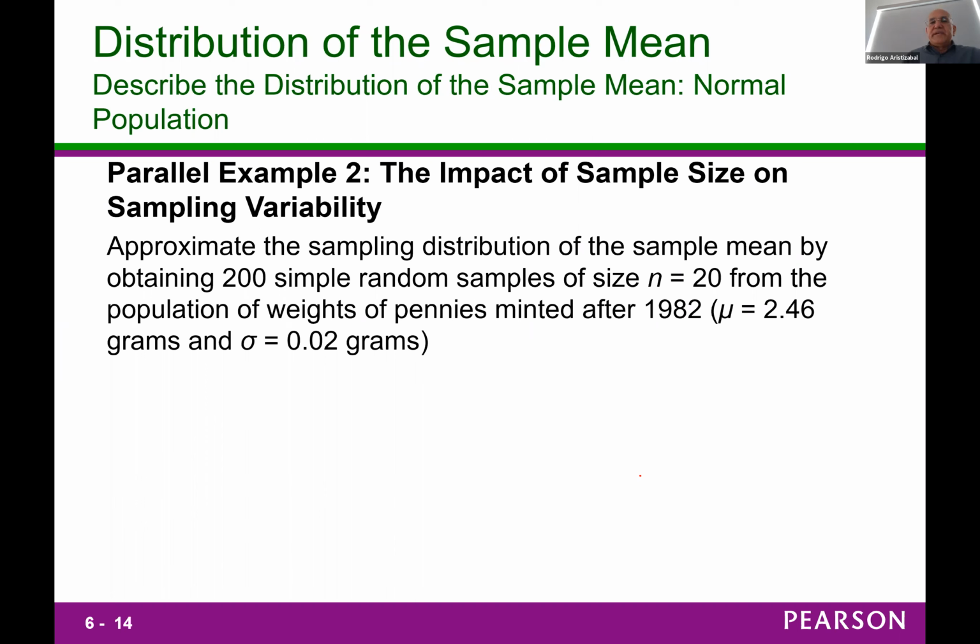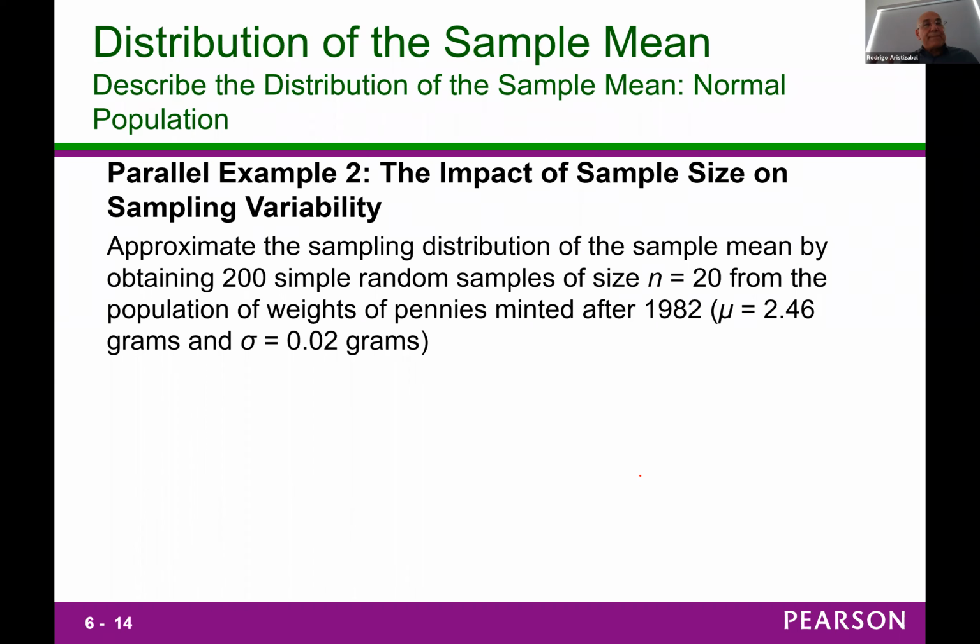We have a question here: the impact of sample size on sampling variability. What is the effect of the sample size on the variability of the sampling distribution? Let's analyze what happens if we increase our sample size from 5 to 20.